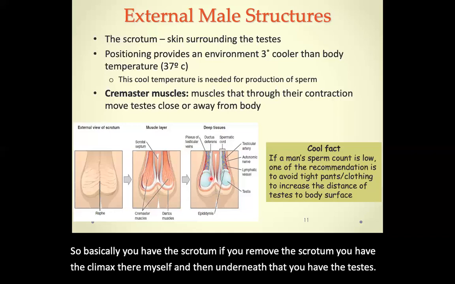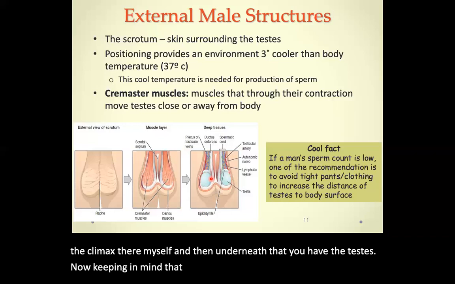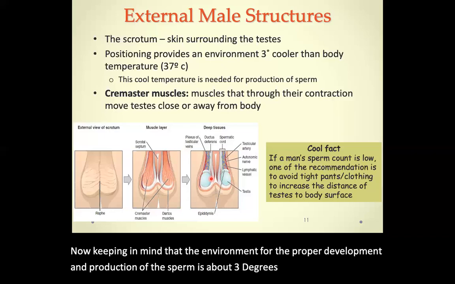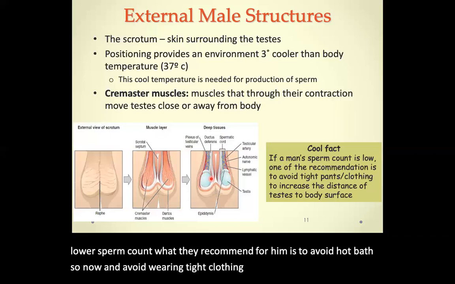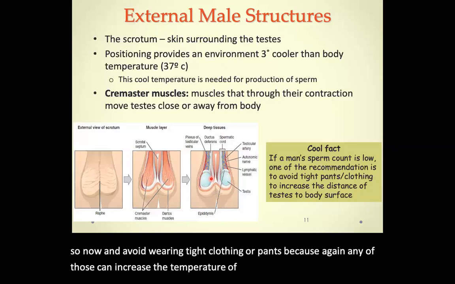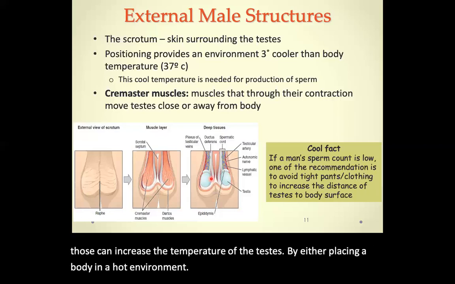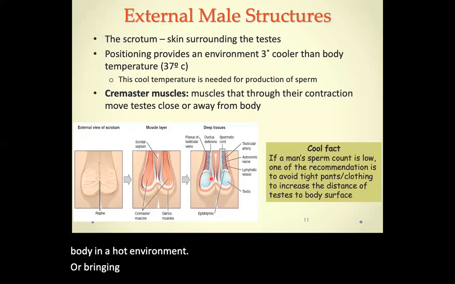Now, keeping in mind that the environment for the proper development and production of the sperm is about 3 degrees cooler, if a male has a lower sperm count, what they recommend for him is to avoid hot baths and saunas, and avoid wearing tight clothing or pants, because any of those can increase the temperature of the testes, either by placing the body in a hot environment or by bringing the scrotum closer to the body.